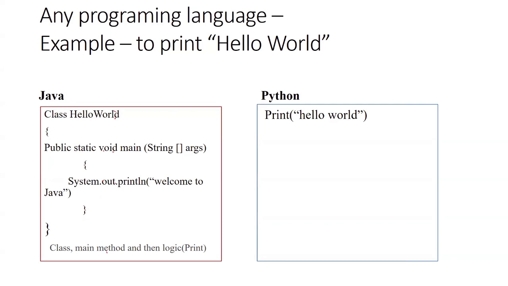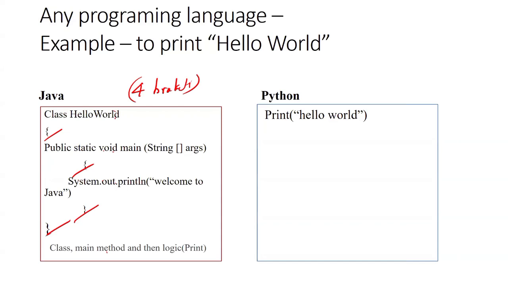So just for printing one hello world, I have to write 4 to 5 lines. Forget about lines. The most frustrating point is that for writing one hello world, I have written 4 brackets. That's the most difficult part. For writing one print statement, I have to write 4 brackets.